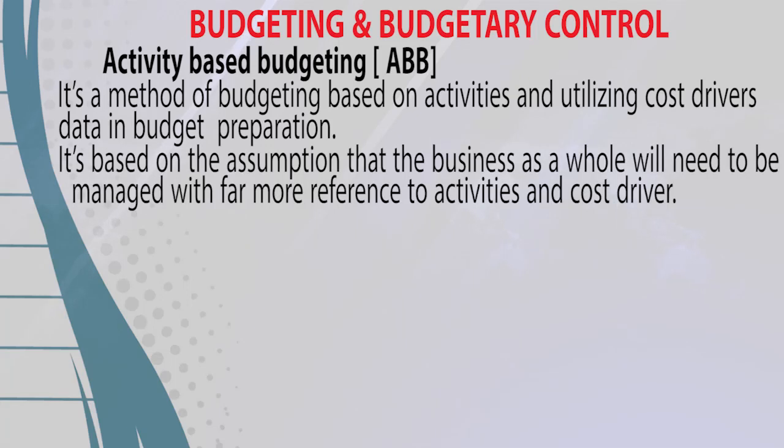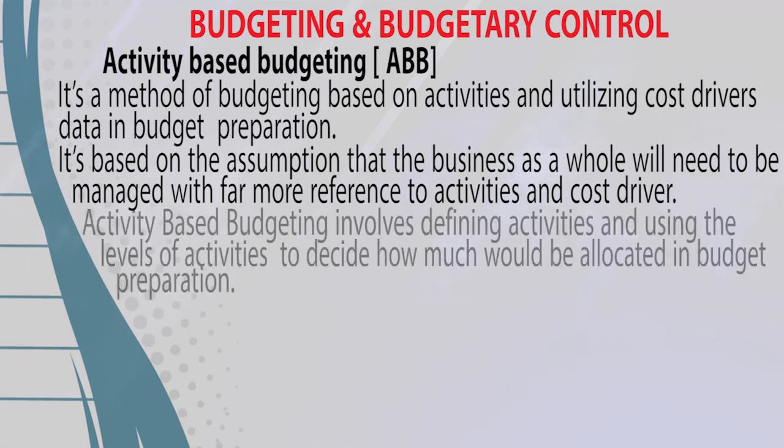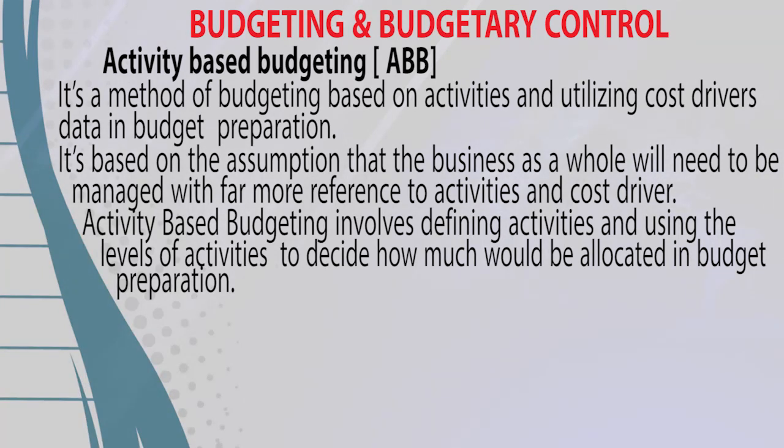It is based on the assumption that business as a whole will need to be managed with far more reference to activities and cost drivers. Activity-based budgeting involves defining activities and using the levels of activities to decide how much would be allocated in budget preparation.